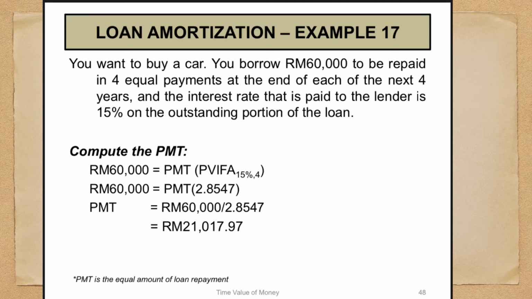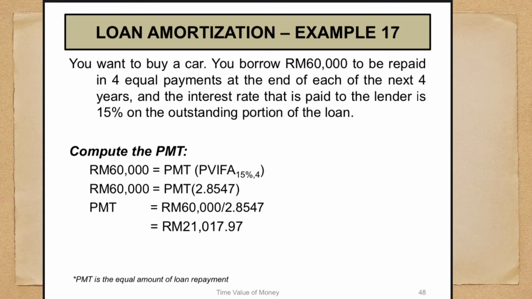The formula to calculate the PMT is: the amount borrowed equals the PMT times the PVIFA, that is, the present value interest factor for an annuity for that interest rate and number of years. For this example, the amount borrowed is 60,000, equal to PMT, because we have to calculate the PMT, times the multiplier that you refer to in the present value annuity table.